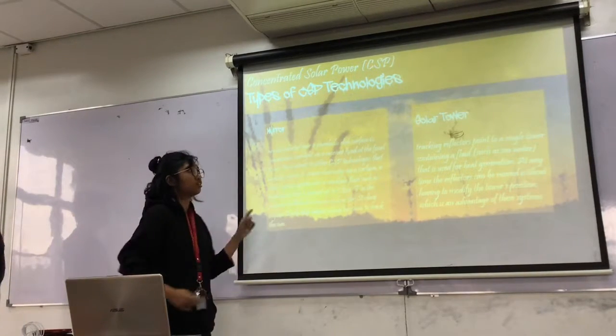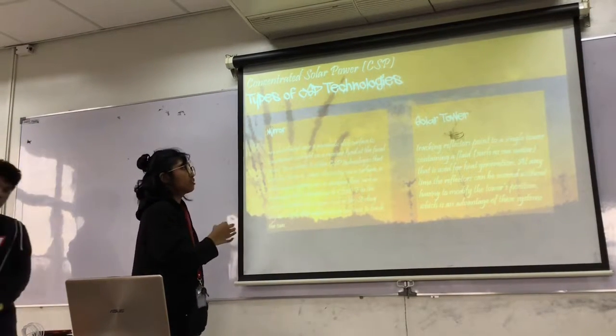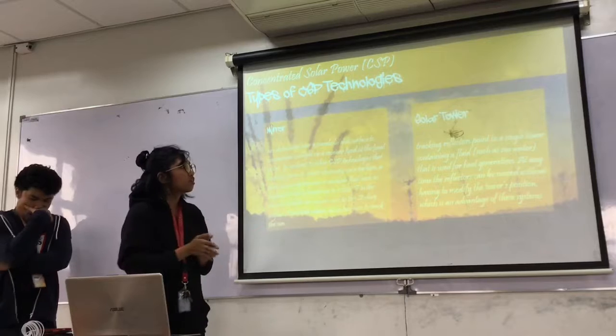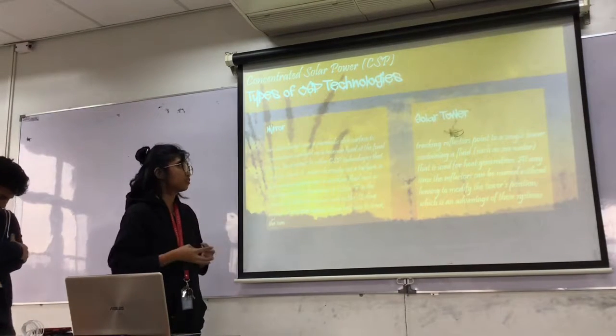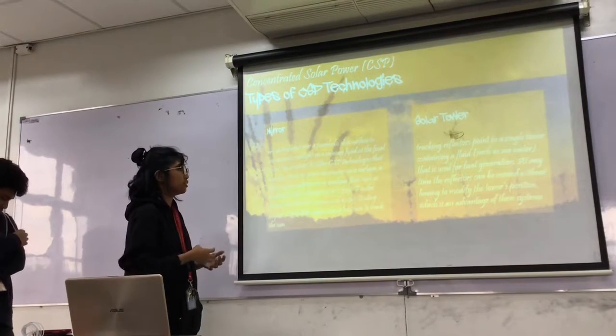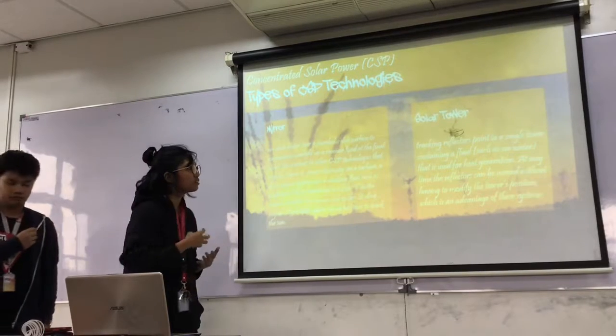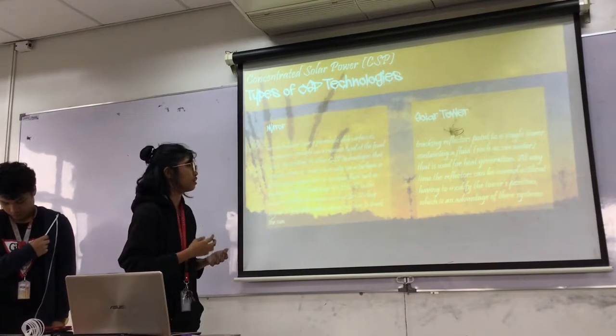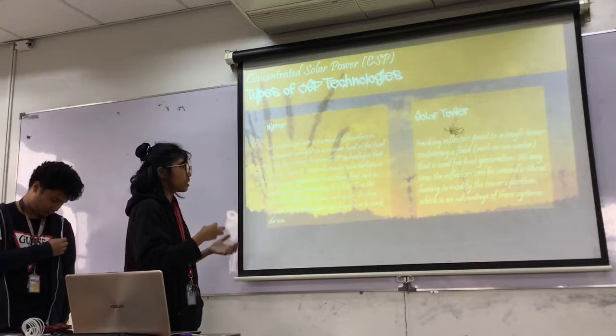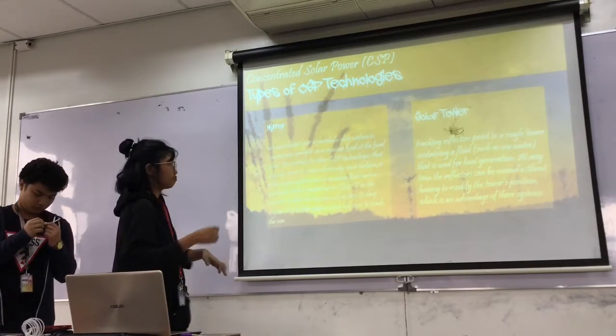And lastly, yung solar tower. Solar towers tracking reflectors point to a single tower containing a fluid such as seawater that is used for heat generation. At any time, the reflectors can be moved without having to modify the tower's position, which is an advantage of this system.